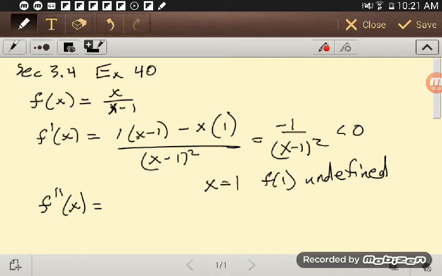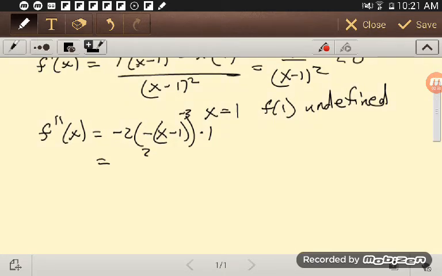So I bring down the negative 2 times my negative x minus 1 to the 1, and multiply by the derivative of what's inside, which is 1. I brought down a negative 2, I didn't make that negative 3. Sorry about that. And so this is equal to 2 over x minus 1 cubed.